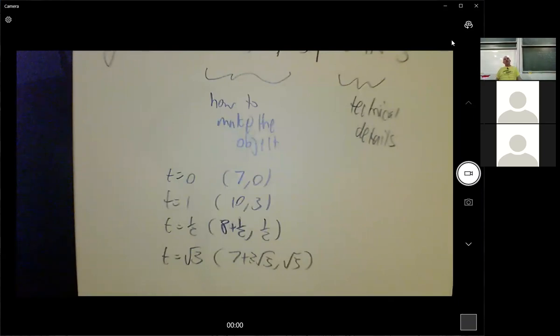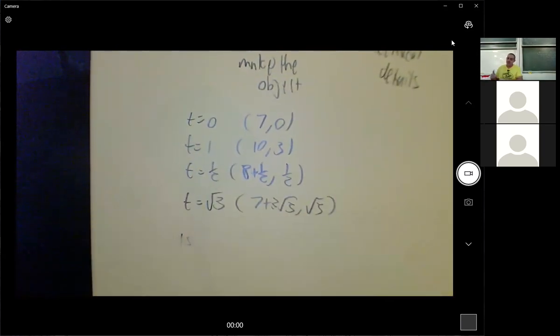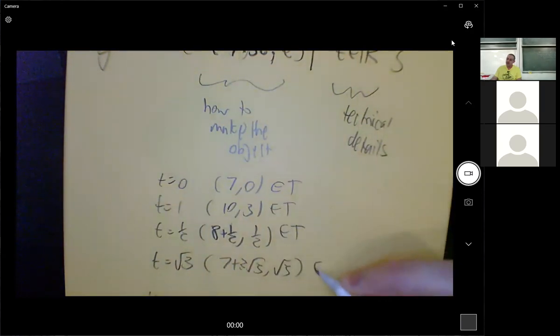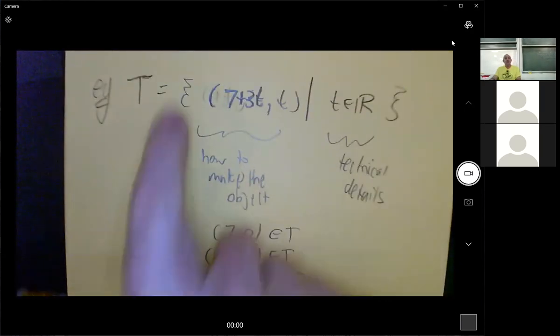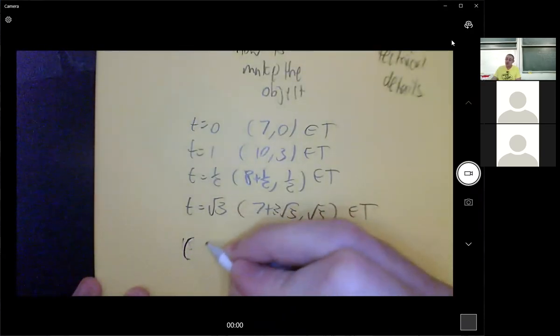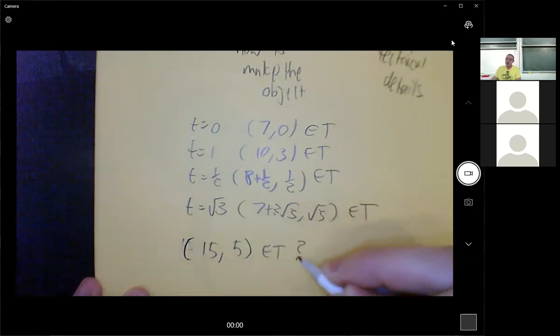What's difficult is, if you have a random point, deciding whether it's part of this set or not is tricky. So this is definitely in T, and this is definitely in T, and this is definitely in T, and this is definitely in T, because I made them the way that it says to make points in T. If I ask myself, is the point 15, 5 in T?